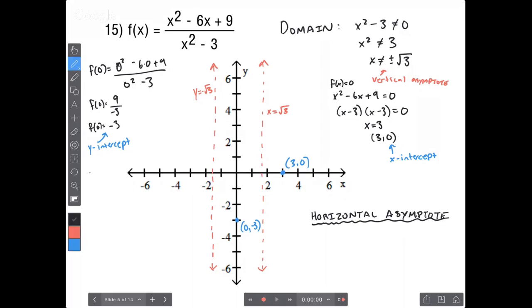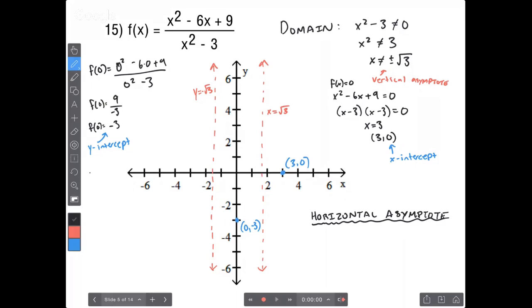So if you have a numerator with degree less than the denominator, we always got a horizontal asymptote of y equals 0, because as we approach infinity, the function also approaches 0 towards negative infinity or positive infinity.